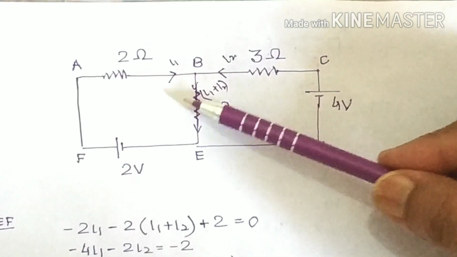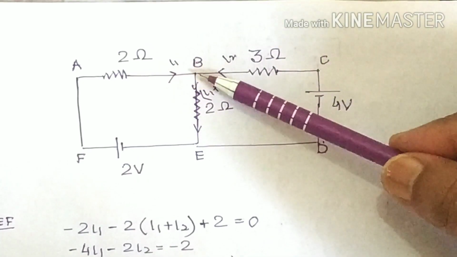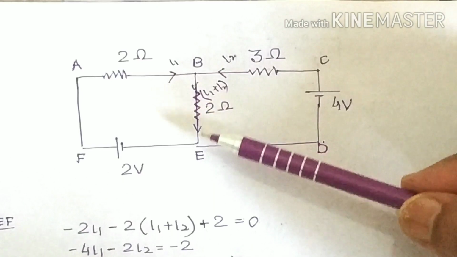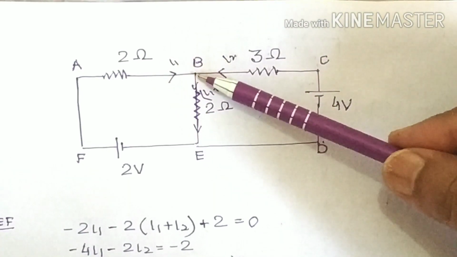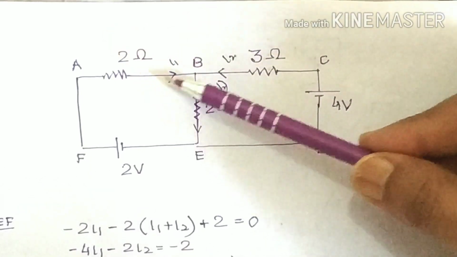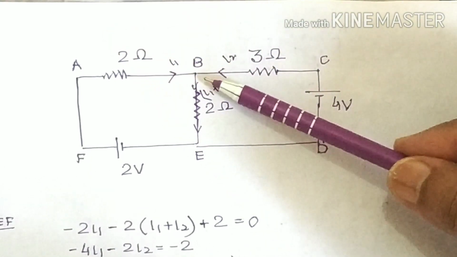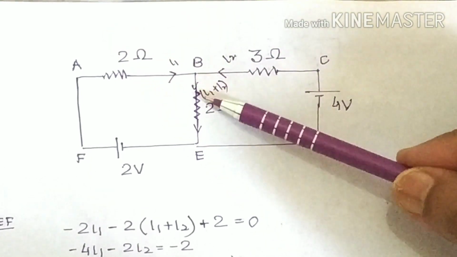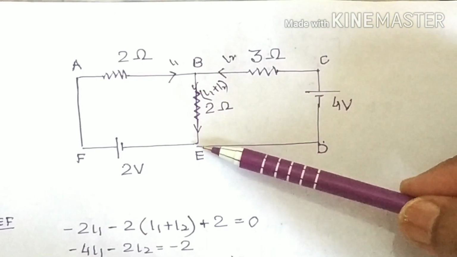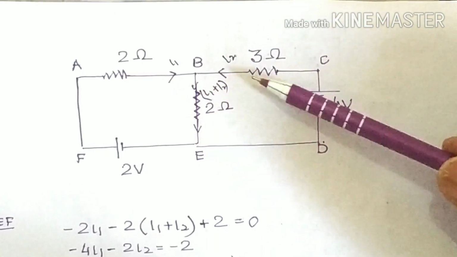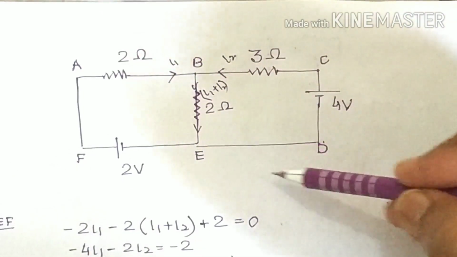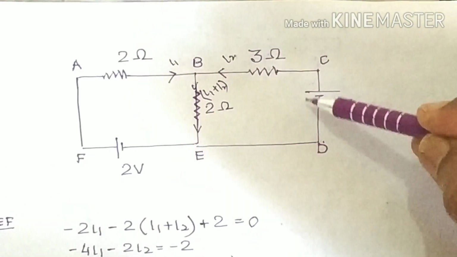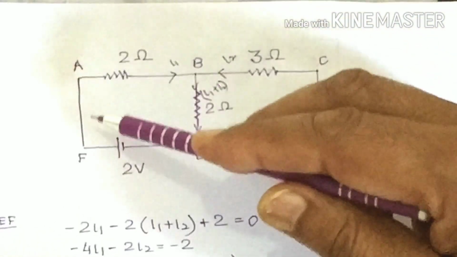For the two loops, the common point is B, or you can say E also. So I am considering at B point, I1 here, I2 here, junction rule gives I1 plus I2 over here. Again, current I2 is in this loop, so the same current I2 will flow in this loop and I1 will flow in this loop.